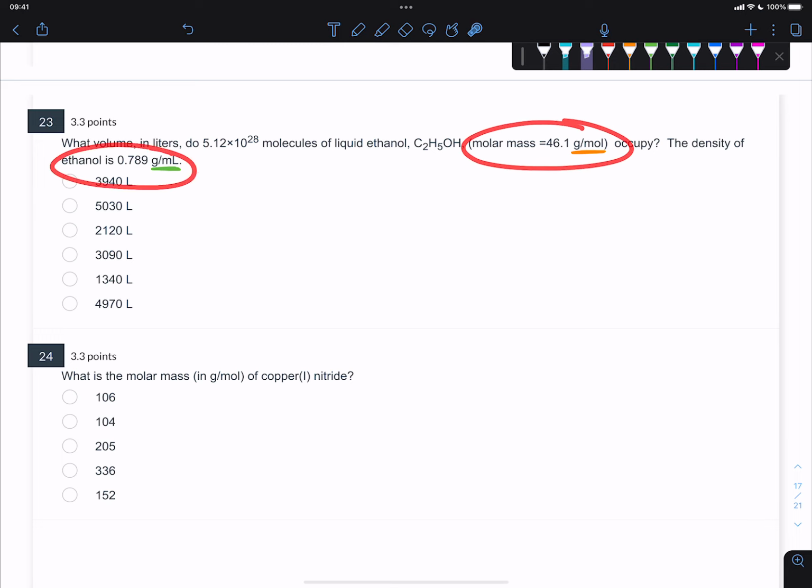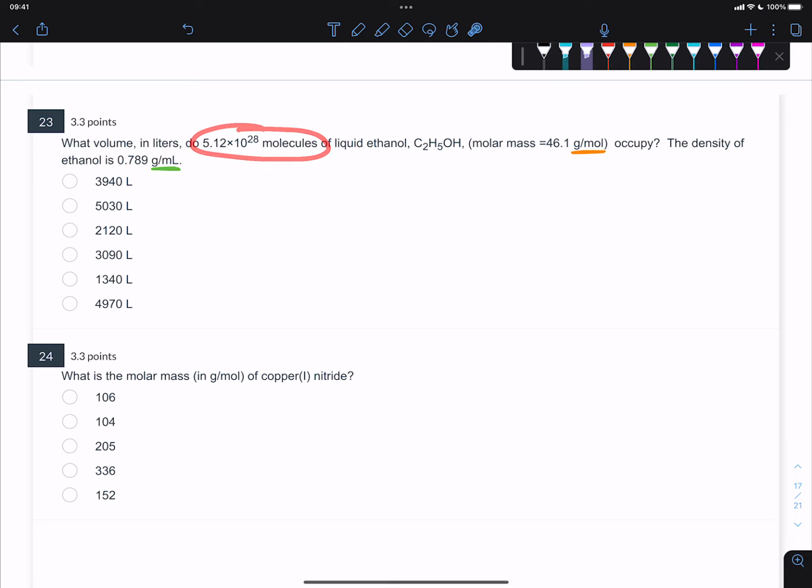These are facts, but it's really easy for me, if I were an instructor, to change 5.12 times 10 to the 28 molecules of ethanol to some other number, like 3.54 or whatever. The number that you can change and provide alternate versions for is usually the one that you start off with. It's kind of like thinking logically about the background of the test.